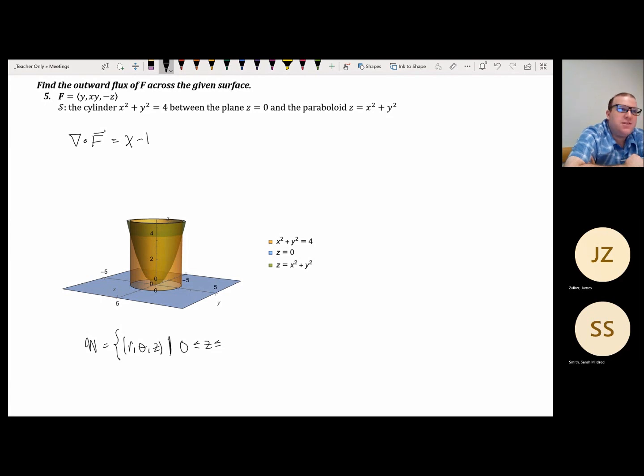How would you describe the paraboloid in cylindrical? There's Z. R: so distance from the origin to any point in our solid. 0 to 2, right?